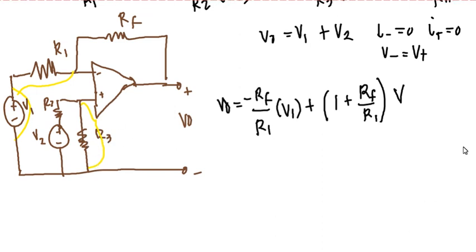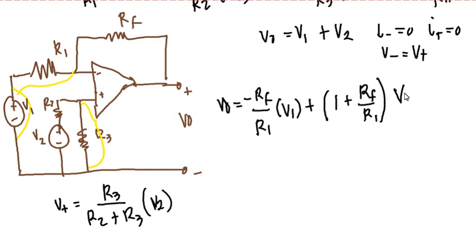So we are going to perform the voltage divider here. To calculate the voltage divider, V plus is equal to R3 over the two resistors, R2 plus R3, multiplied by V2.